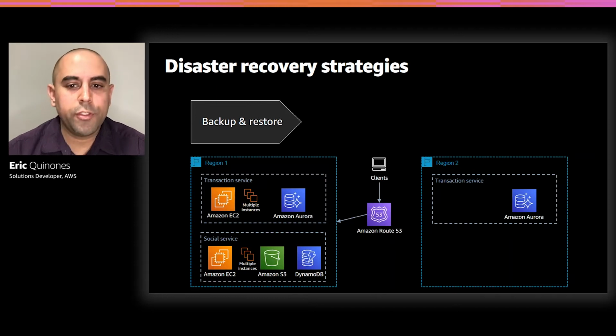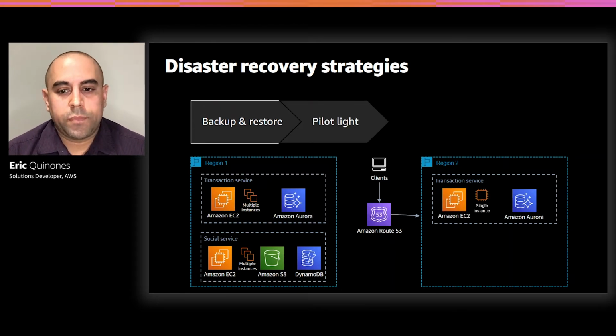So another strategy that we like to take a look at is something called Pilot Light. So in the Pilot Light example, you see here I've got the other supporting infrastructure available in the disaster recovery region, but it's not currently turned on, and it might not be fully scaled to handle production load.